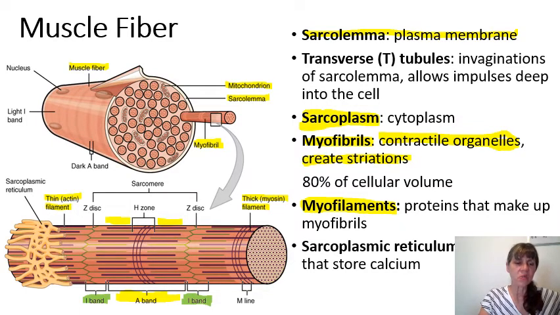And you'll notice that the way the actin joins together, we have a zigzag appearance forming the Z disc that goes right in the middle of the light I band.